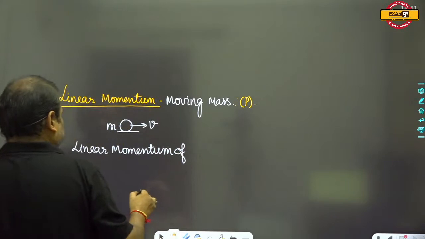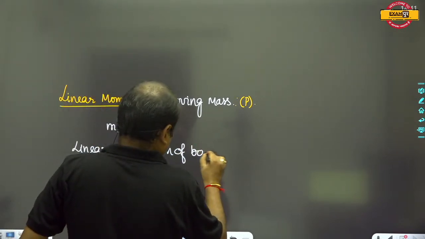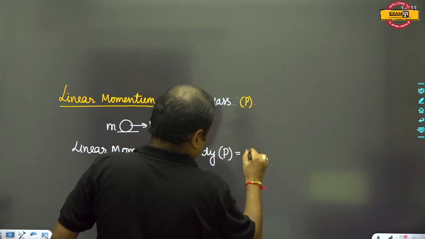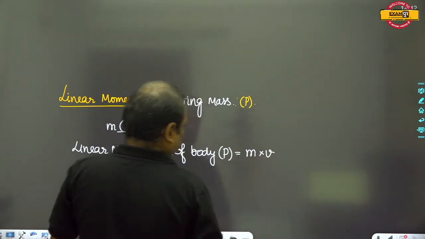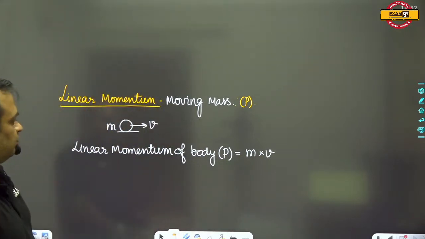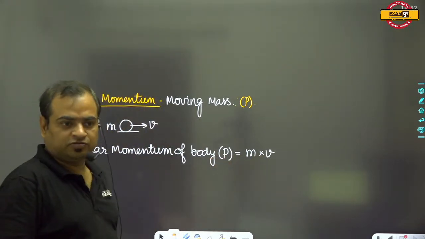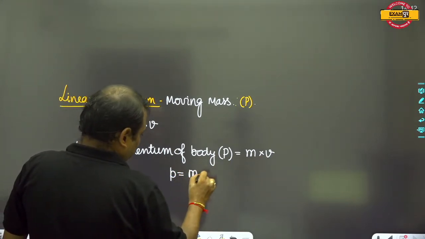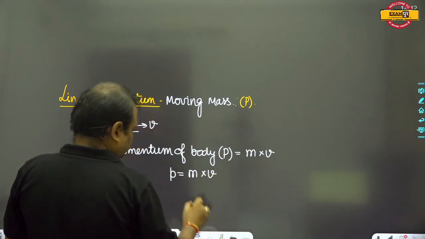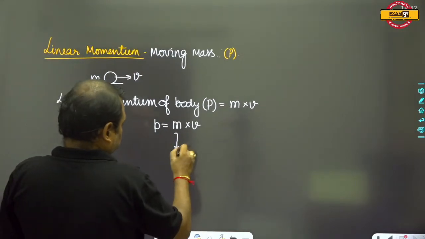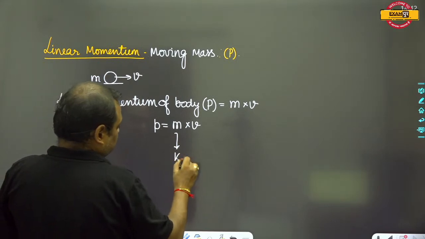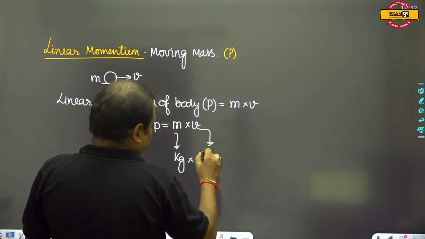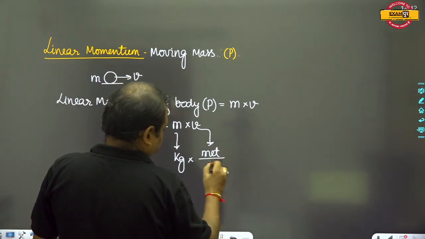p will be equal to m into v. So the product of mass and the velocity of the object is known as linear momentum. p is equal to m into v. The unit of momentum is kilogram into the unit of velocity, which is meters per second.